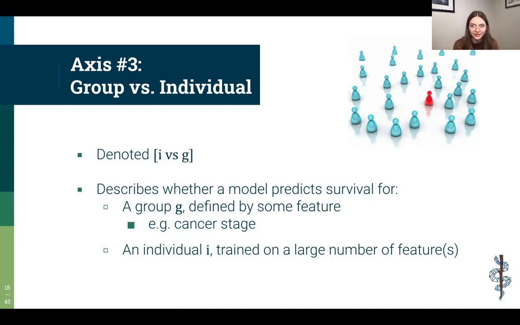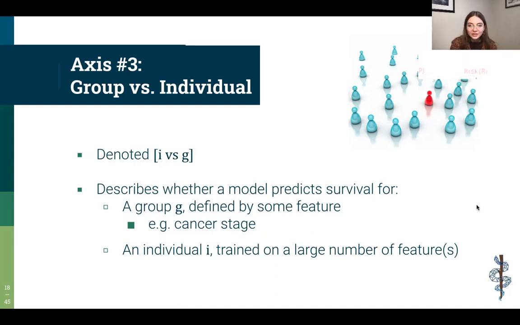I don't really know how the cancer stages work in particular, but that just sounds plausible. Or whether it will predict survival for an individual, trained on a large number of features. And by a large number, that gets fuzzy, but for sure, a model would be denoted I if there's a dozen or more features being used as input to train the model.